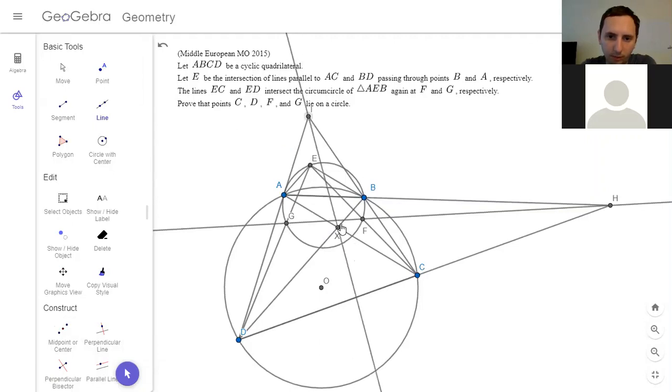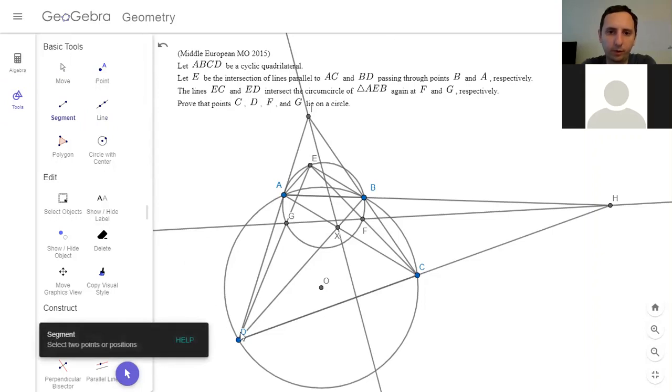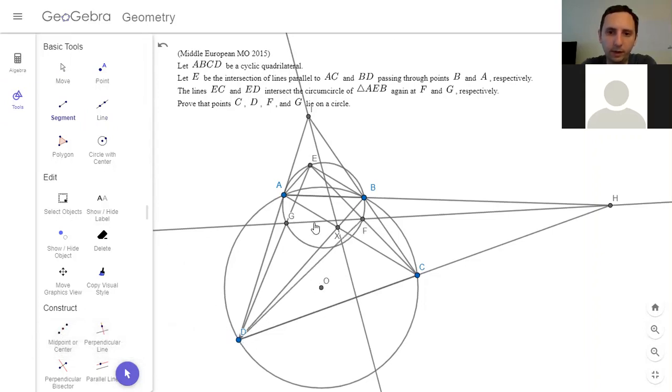Let me draw in some stuff. Another thing we could do is try to show that DF and CG concur.